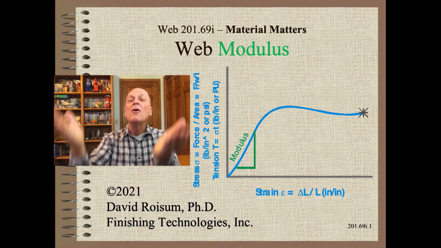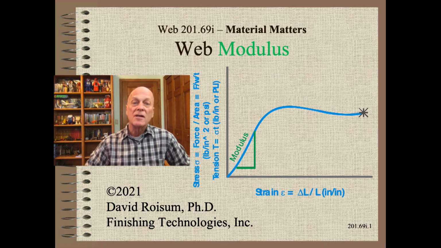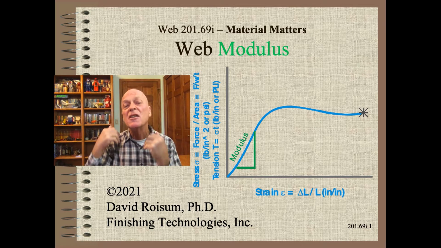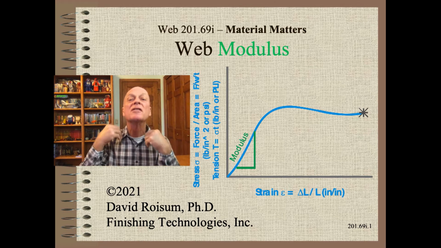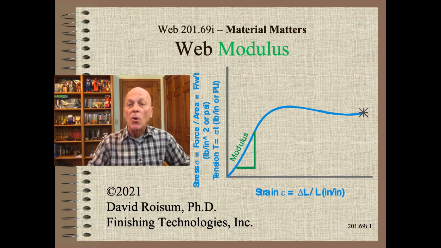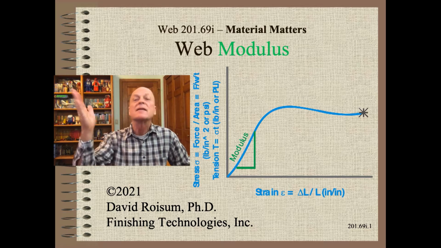Modulus informs us whether dancer, load cell, or draw control will be easier to implement. Modulus informs us on reasonable tolerances for dimensional and position control. Finally, Modulus informs us on what winding defects can be expected. I know your time is precious, so let's get started.